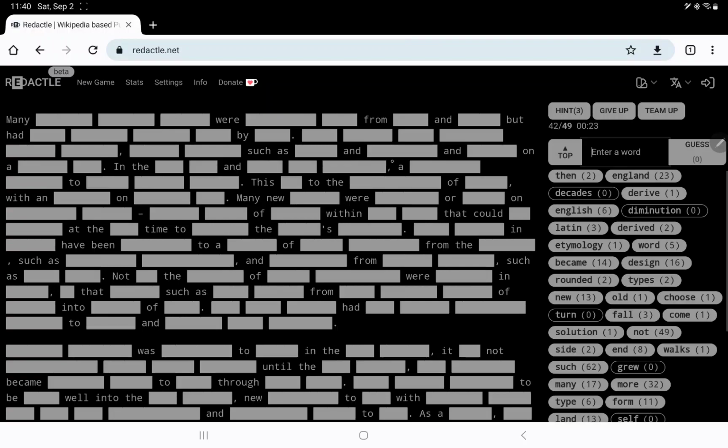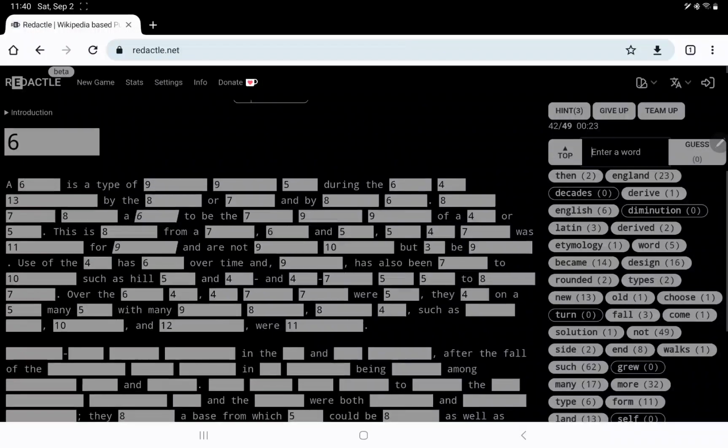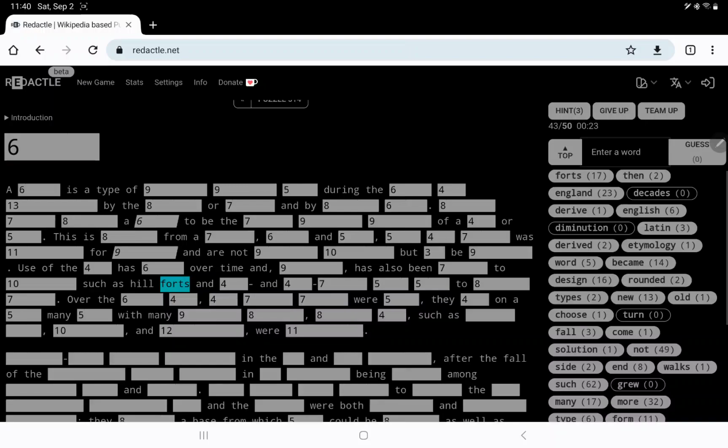Oh, maybe it's some type of fortification. Yeah. Oh, how about hill forts? Yes.